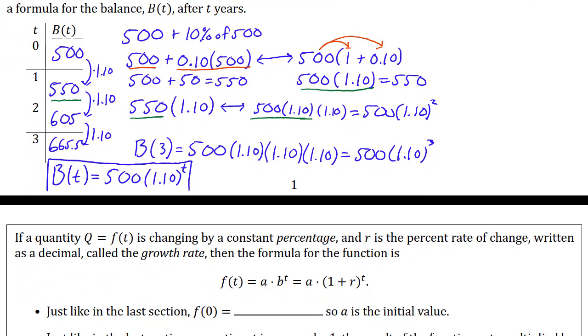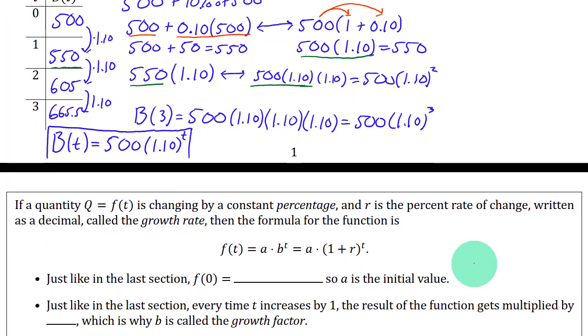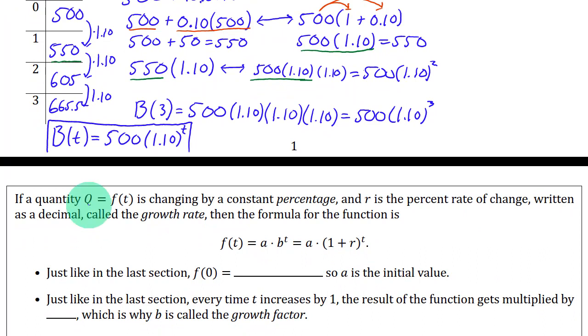So let's try to tie this all together, make it a little bit more abstract. What if you have other letters instead of 500, instead of 1.10, and other percentages? How does this work in general? So we have that if a quantity q equals f of t is changing by a constant percentage, and r is the percent rate of change written as a decimal.